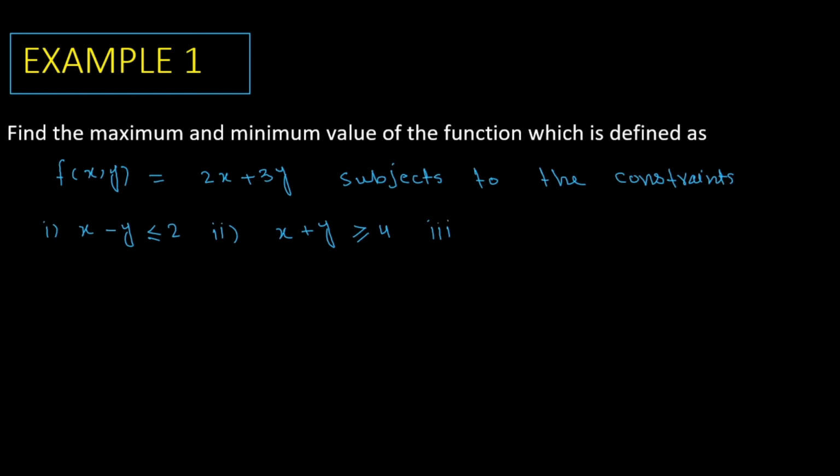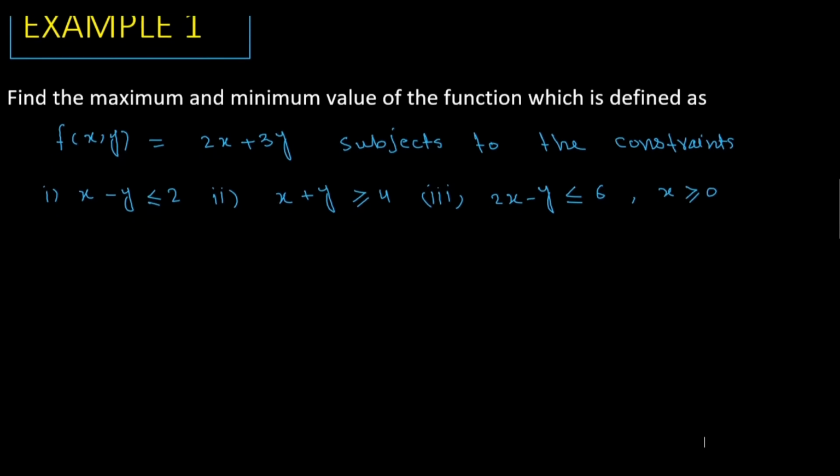Third is 2x minus y is less than or equal to 6. And of course the feasible region means x is greater than or equal to 0, x positive. So the given function is f of x comma y equals 2x plus 3y.